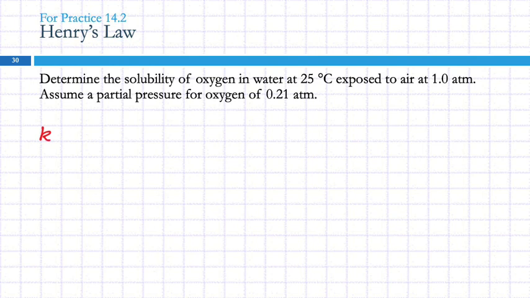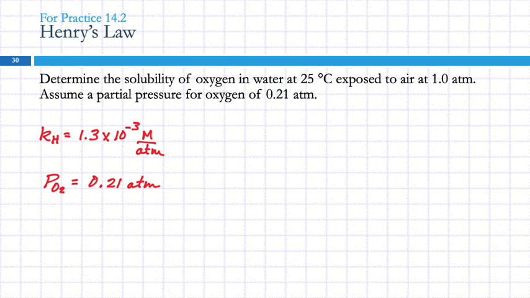I'm going to write this down before I forget it. Determine the solubility of oxygen in water at 25 degrees Celsius, exposed to air at 1 atmosphere. Assume a partial pressure for oxygen of 0.21 atmospheres. So they're telling me that the partial pressure of oxygen is 0.21 atmospheres.